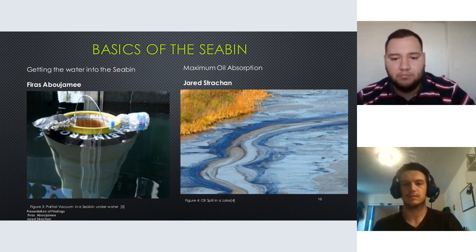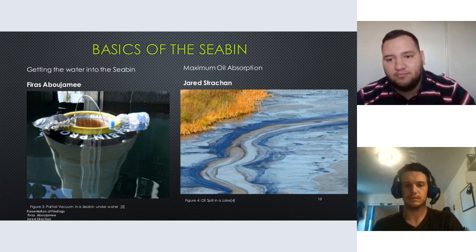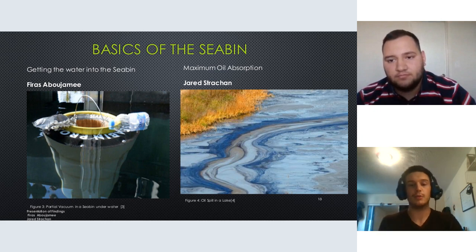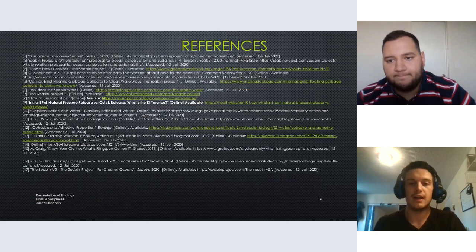We really need many people who can do things like the Seabin in our lives to build a better community. Yeah, exactly. One thing I did forget to mention is the cotton itself can absorb up to 30 to 50 times its weight. So if you have a 1 pound cotton oil pad, it can absorb up to 30 pounds of oil, which is just a ridiculous amount. Cotton's not really that heavy, and having a 1 pound pad is kind of excessive, but just to show you how effective this method is.